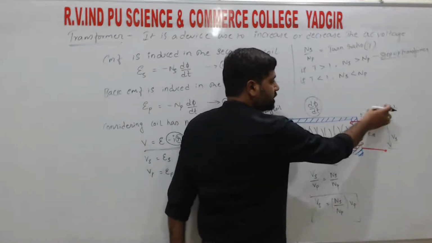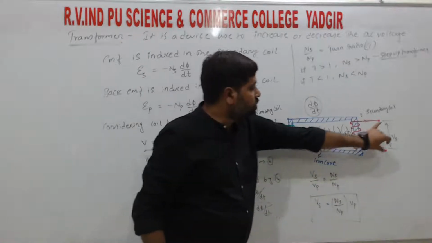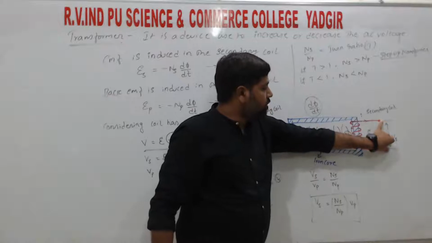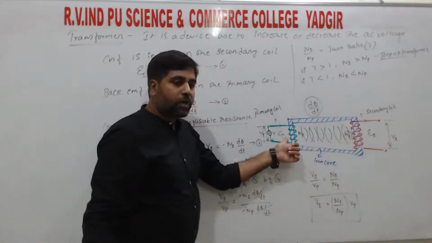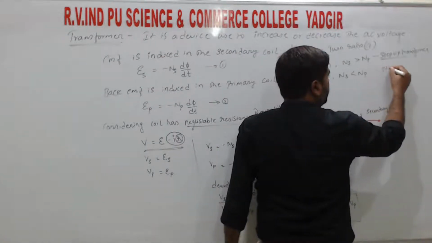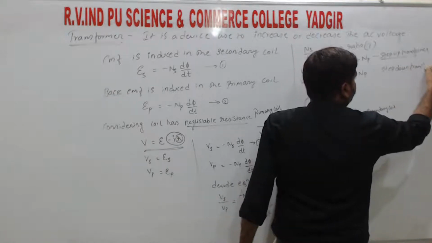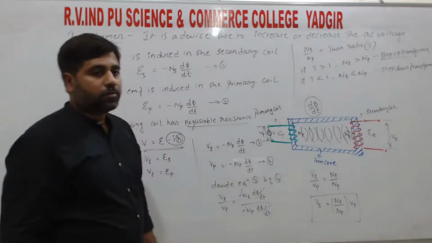So same, if we consider this as the primary coil and this one as the secondary coil, so AC source is applied across the primary coil, right? So if we consider this as the primary coil, the number of turns in the primary coil is more than the number of turns in the secondary coil, so that we call as step down transformer, right?